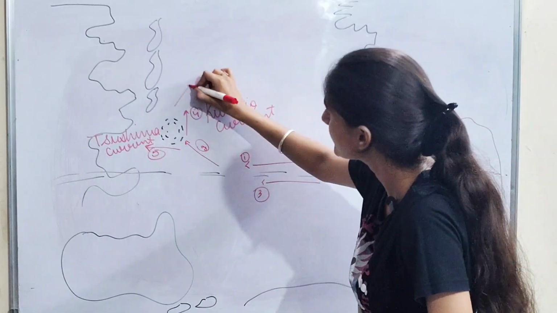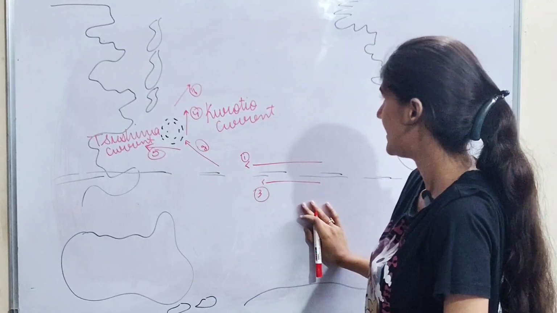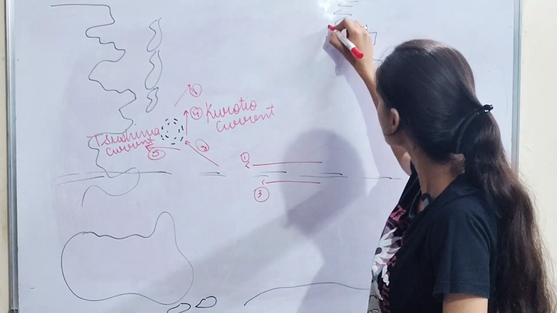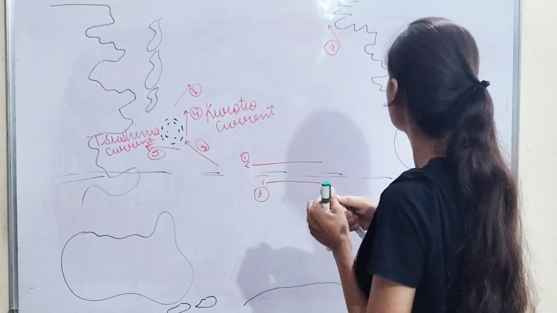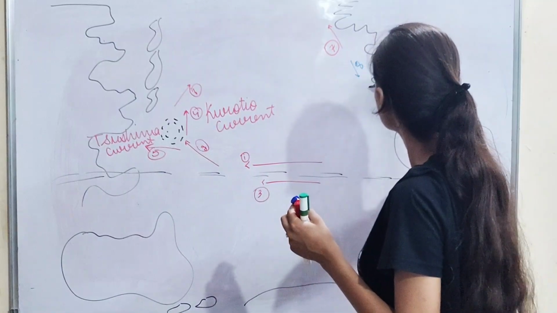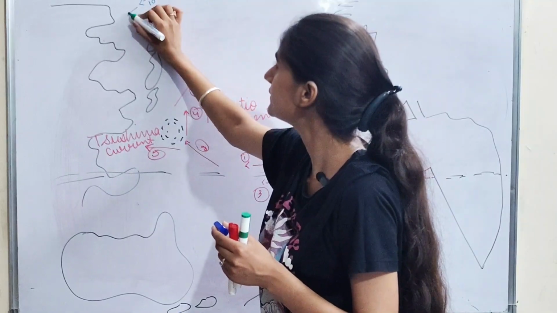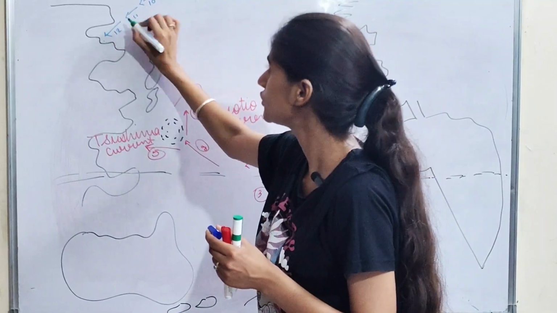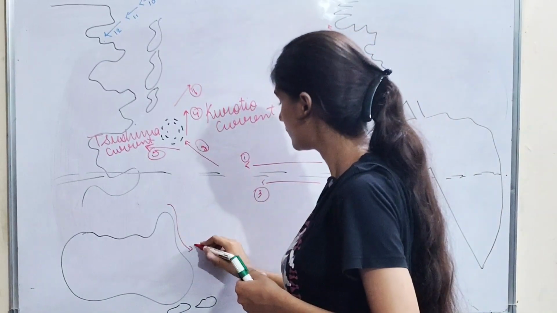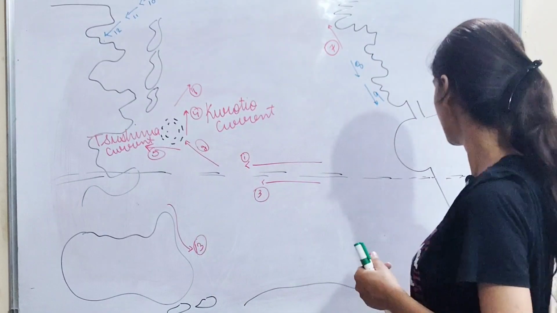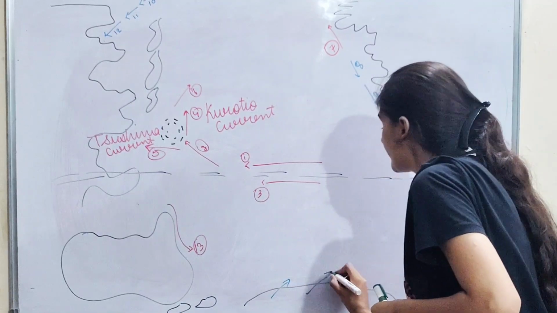Okay, next we have sixth, this is North Pacific Drift. Next we have seventh, and then eighth, ninth, 10th, 11th, 12th, and then 13th here, and then 14th.